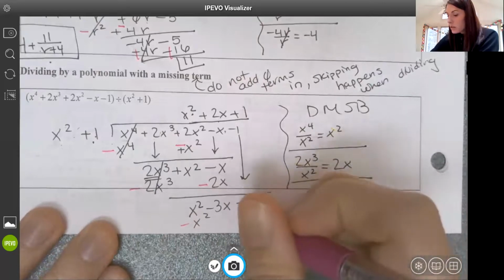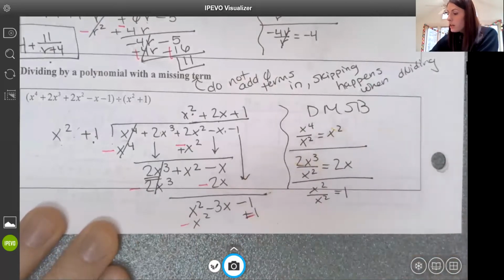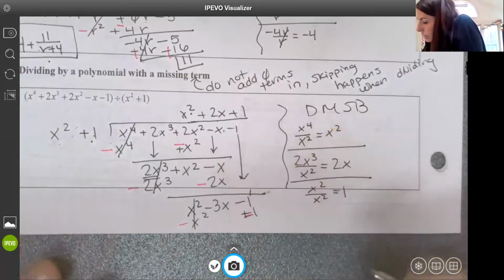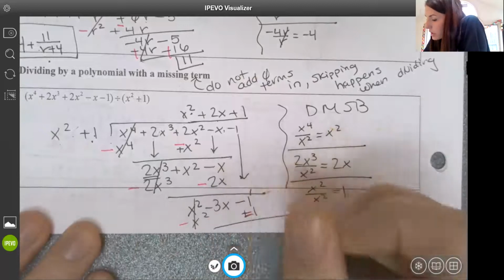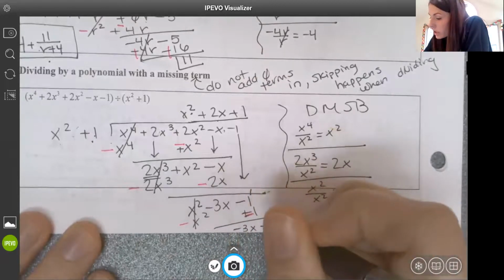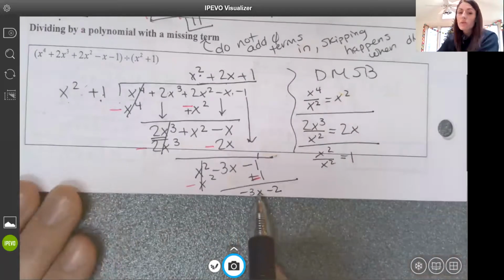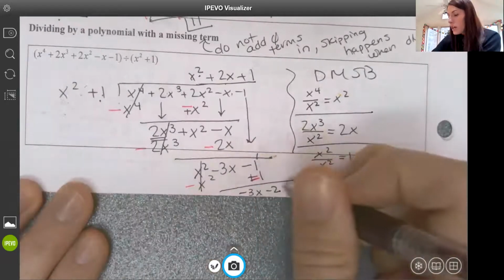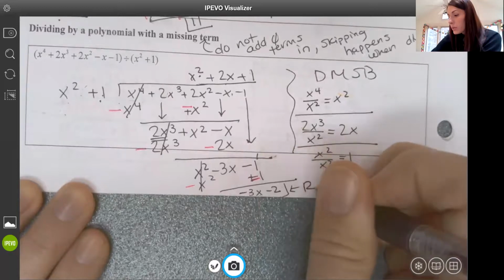Subtract. This will cancel, and will that cancel? No, it doesn't. It was plus 1 minus 1, so that doesn't cancel. Gives me negative 3x minus 2. Now, because I've added a degree that's less than my divisor's leading degree, this is my remainder.